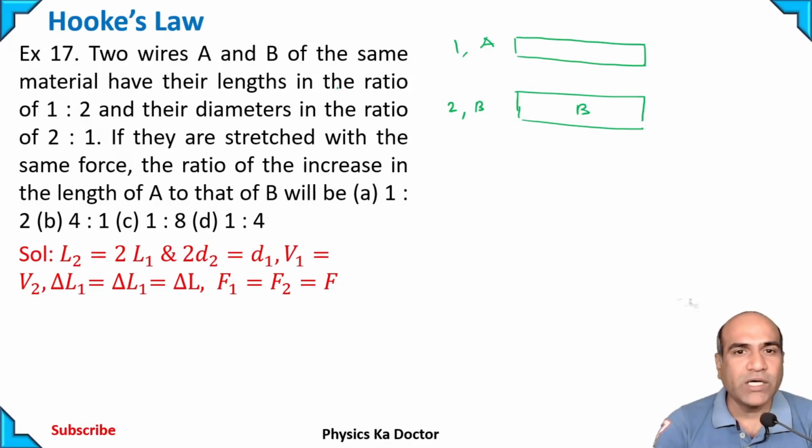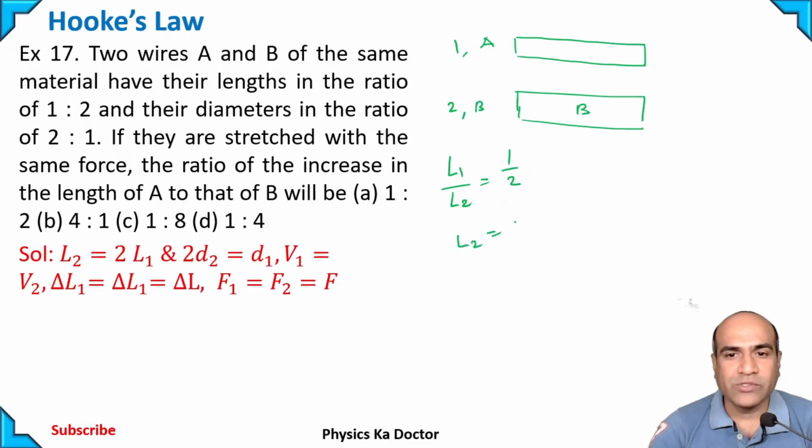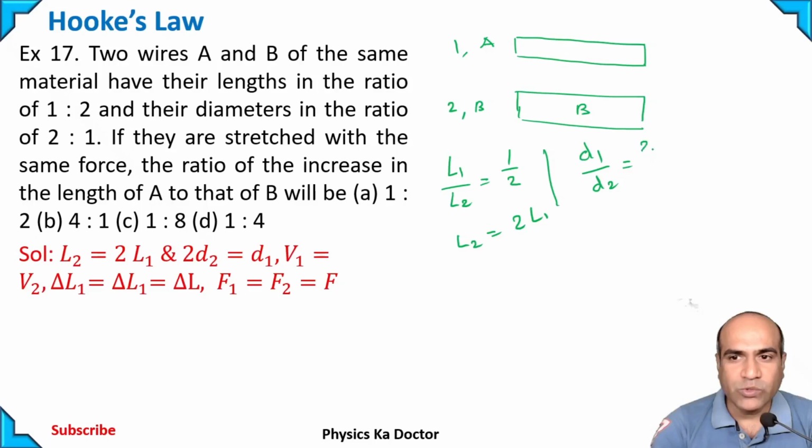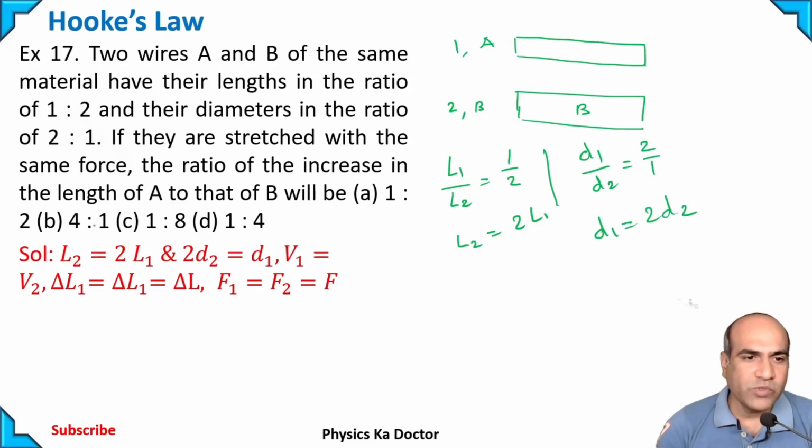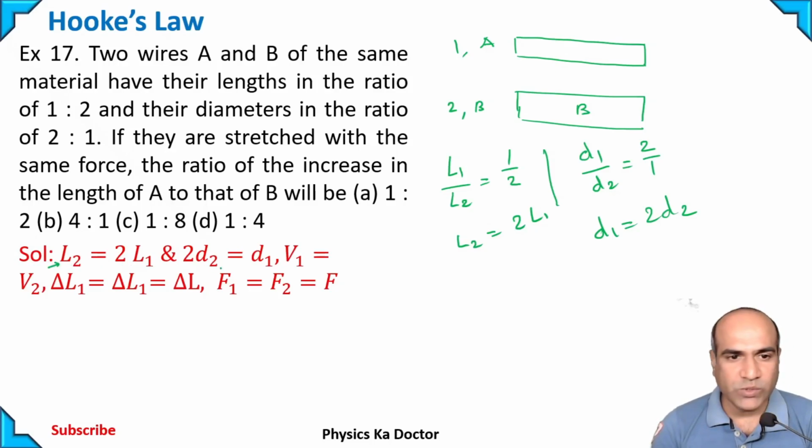So L1 by L2 is equal to 1 by 2, and we can write L2 is equal to 2 L1. And the diameter ratio is given, so D1 divided by D2 is equal to 2 by 1. Therefore we can write D1 is equal to 2 D2.